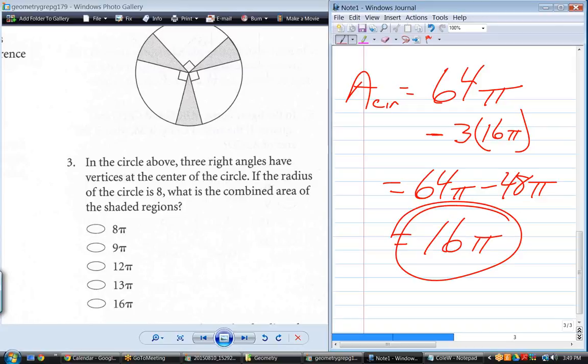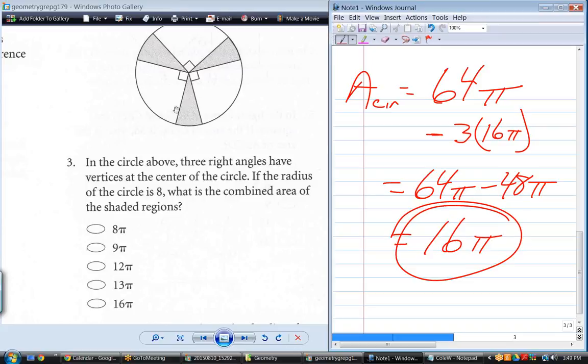And yet, we don't really have any geometry to allow us to calculate the area of these shaded regions. In other words, we have to do this problem as a subtraction problem. We have the geometry to calculate the area of the white regions inside the circle. We don't know these angles here, so calculating the area of these shaded regions would be tough.